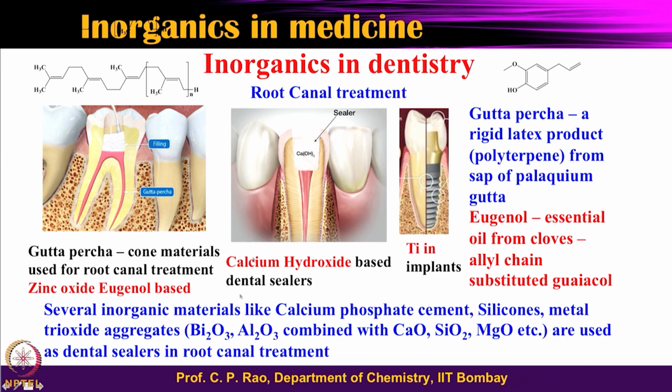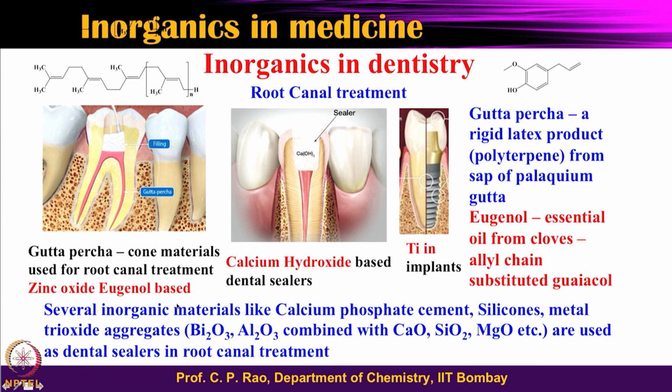So, the eugenol is an essential oil from cloves. You can see the allyl chain in these ones. The allyl chains are basically the ones which give the oil kind of property. So, you can use zinc oxide with eugenol.